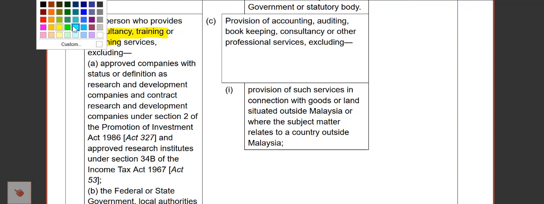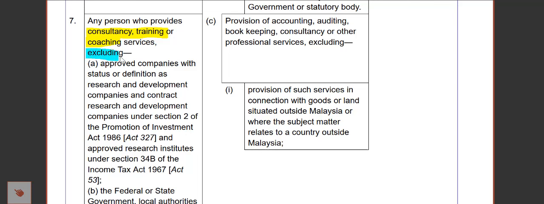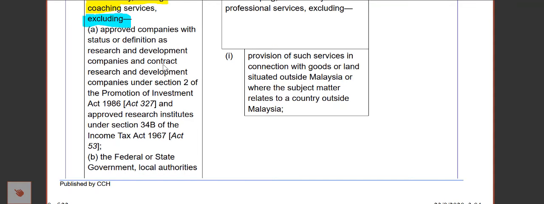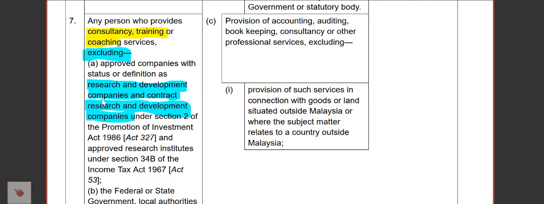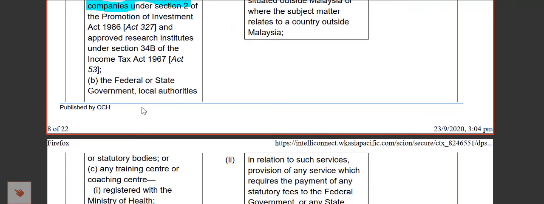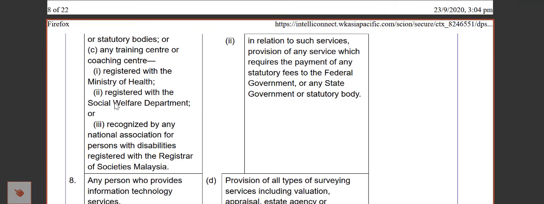Okay, so if you call yourself consultant, now exclude, they say companies approved with the status for R&D. So that means if you're under R&D, you do not need to be licensed. Now this one the advanced tax students will know because they do study R&D, contract R&D as part of your syllabus. So that's being excluded.